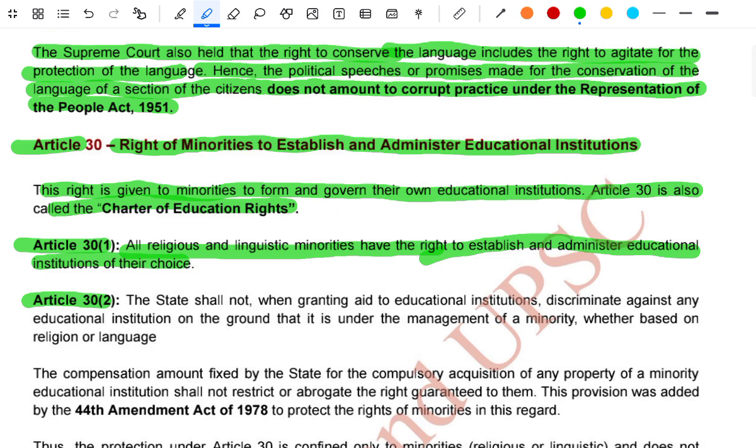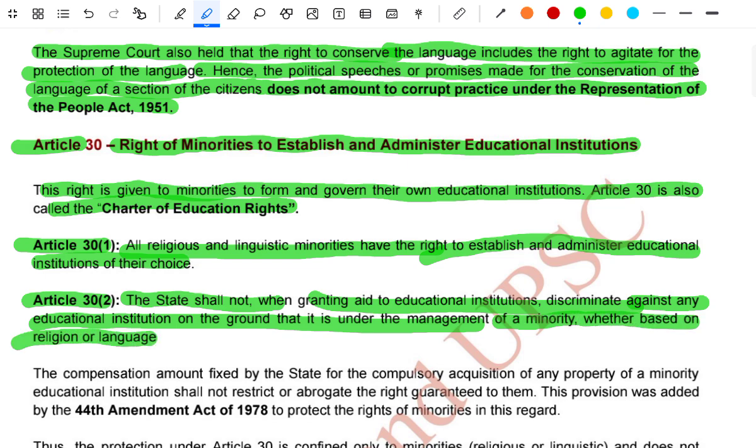Article 30(2): The state shall not, in granting aid to educational institutions, discriminate against any educational institution on the ground that it is under the management of a minority, whether based on religion or language.